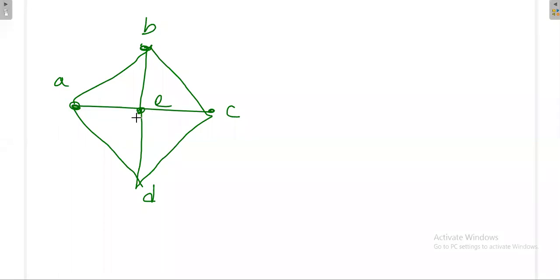If it has to be a standard complete graph, there should be at least one direct connection between any two pair of nodes. So this is the given graph.